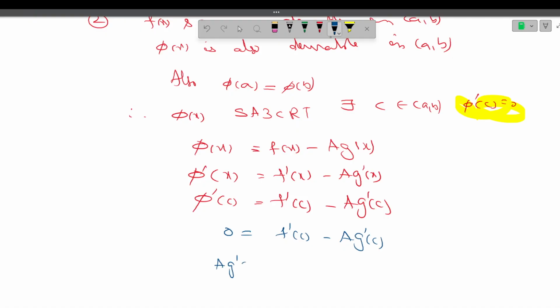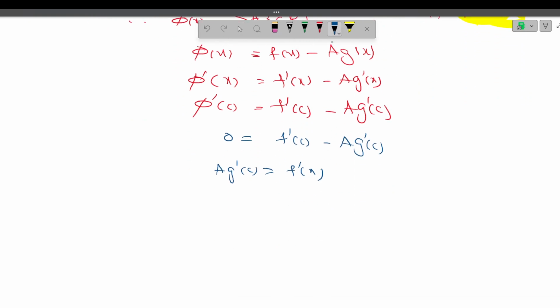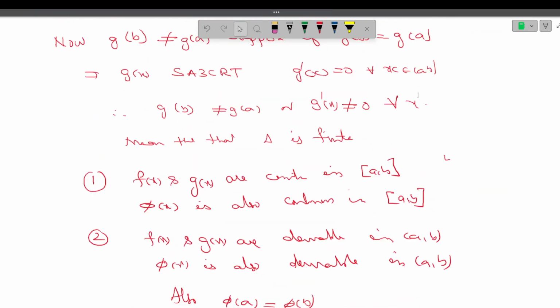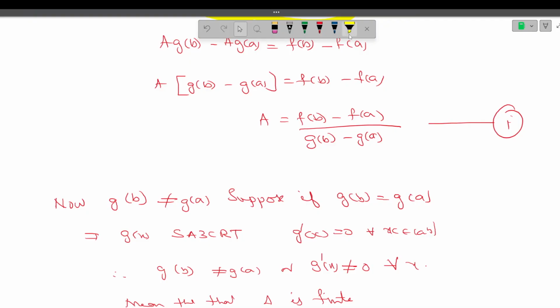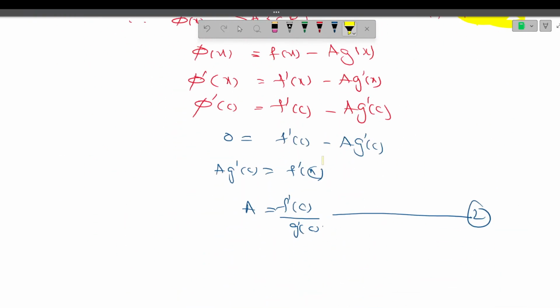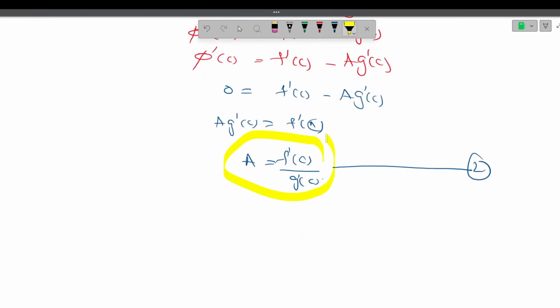So a g dash c equal to f dash c, or a equal to f dash c by g dash c. This we call number 2. In number 1, we got a equal to this thing.